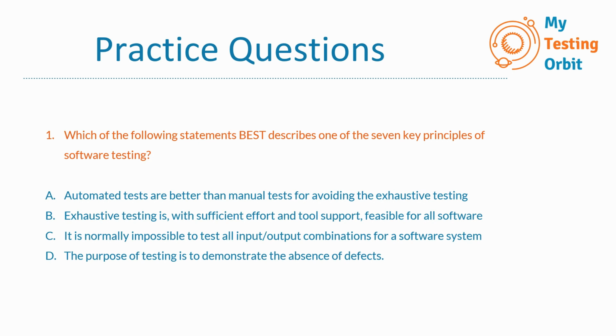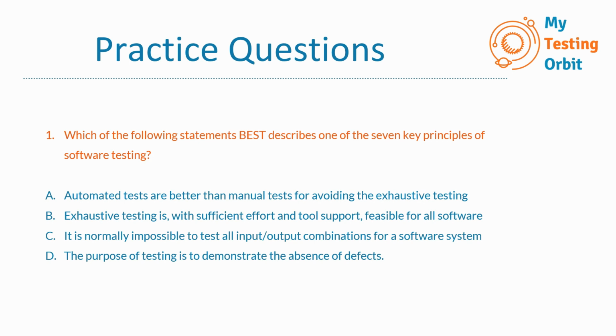The first one is, which of the following statements best describes one of the 7 key principles of software testing? Let's go through all the options. A, automated tests are better than manual tests for avoiding exhaustive testing. No, we can't say that automated tests are better than manual tests, and this will not avoid the exhaustive testing issue.